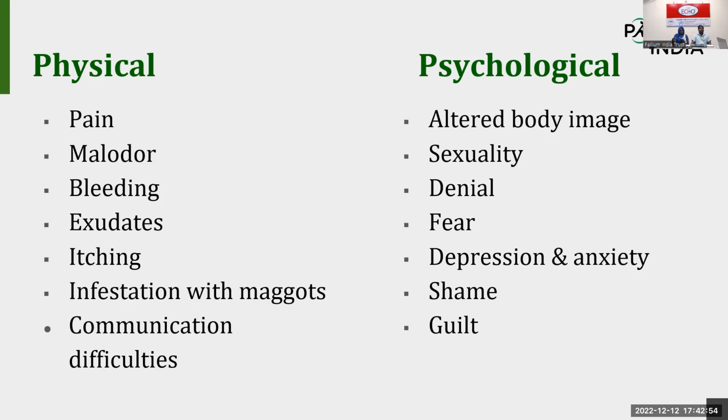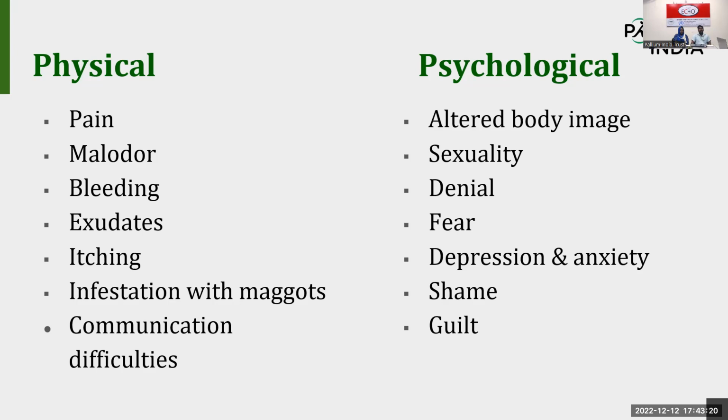Next one is the psychological. Altered body image: the fungating wound is there after nodule formation, so the body image is already altered. Then the sexuality of the patient will be affected. Then denial: the patient may refuse everything, refuse the family members, or refuse due to the disease condition.